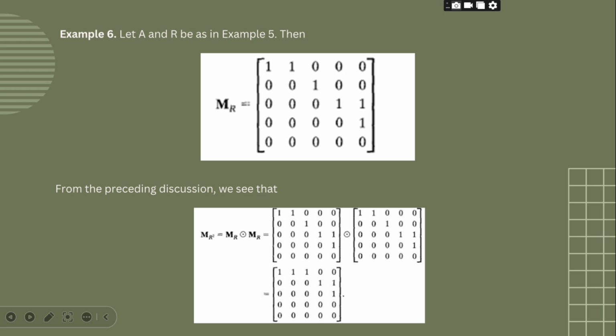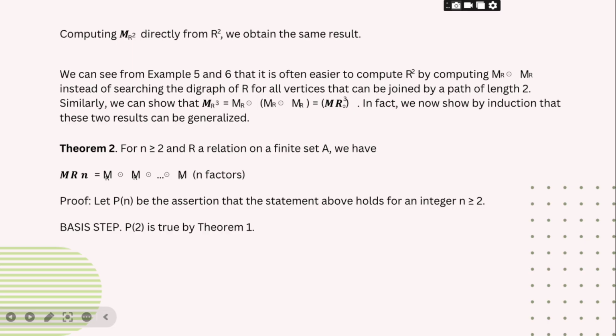The resulting matrix tells us which elements are connected through an indirect path of exactly 2 steps. As we can see, computing the matrix composed with itself helps us determine reachability in 2 steps instead of manually searching for paths. This approach scales to longer paths using the same method.